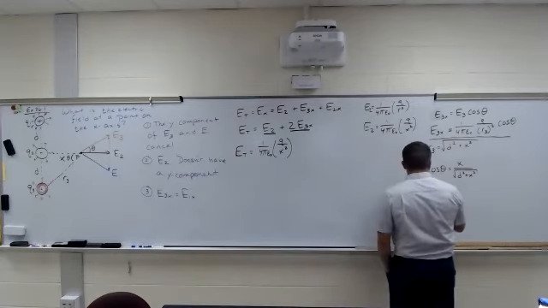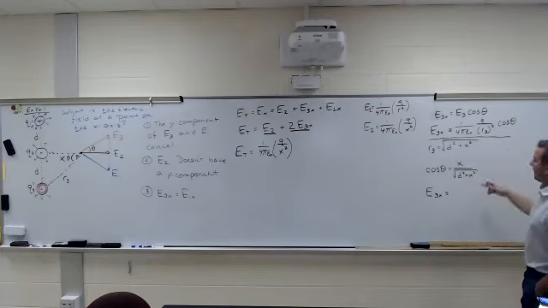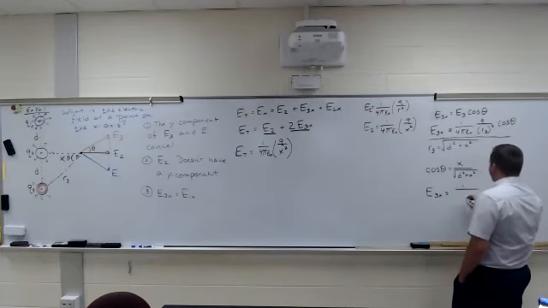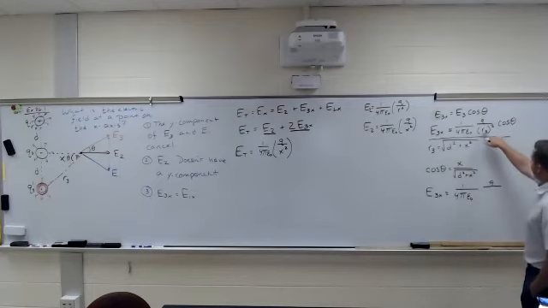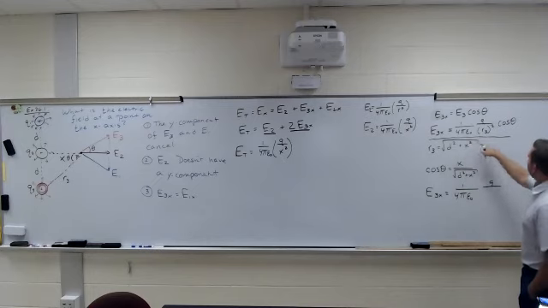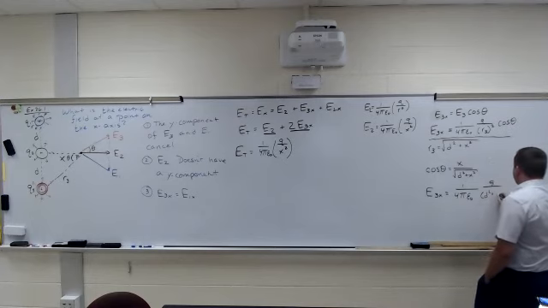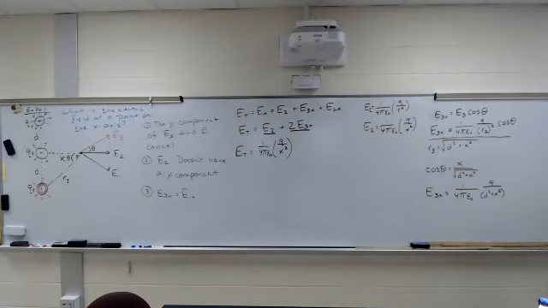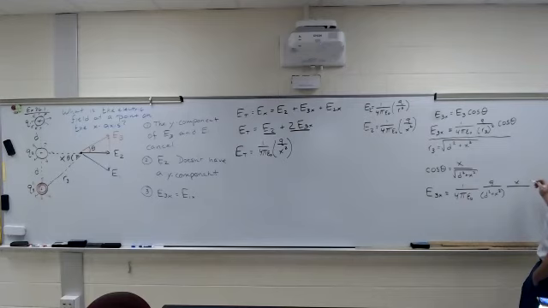So our E3x, substituting in our cosine and our radius equations, is going to be 1 over 4 pi epsilon naught times q over, instead of R3, d squared plus x squared, but it's squared, so the square will cancel out the square root, and I'll end up with d squared plus x squared on the bottom, times x over the square root of d squared plus x squared.